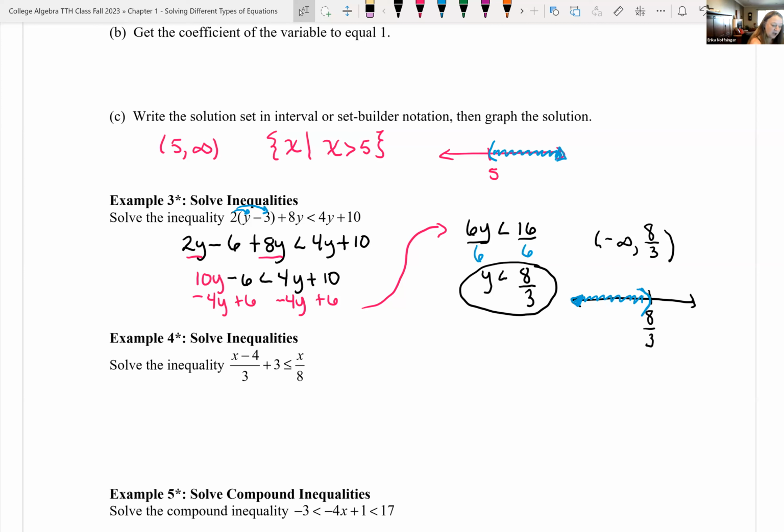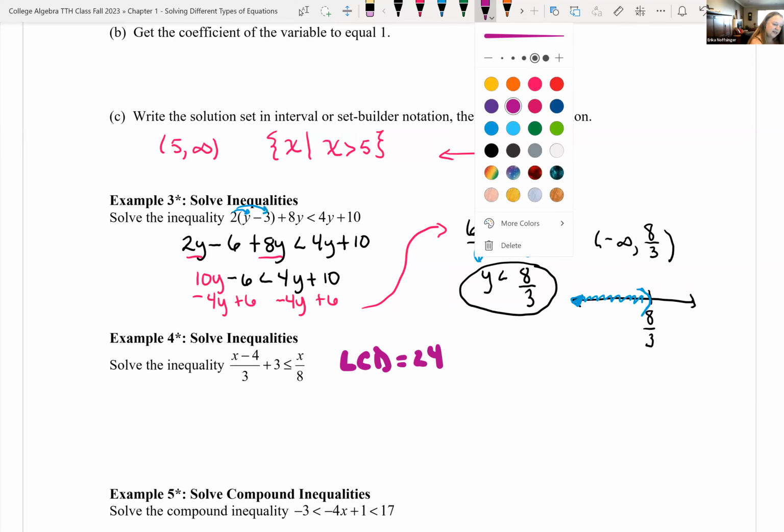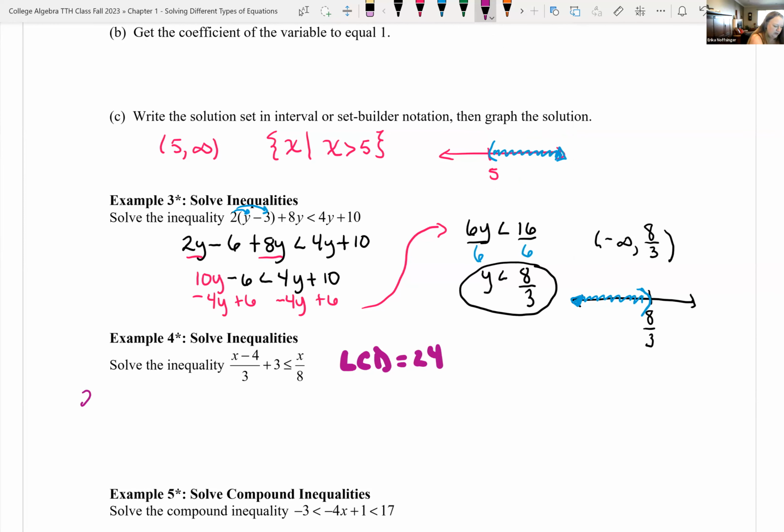So our least common denominator is 24. We want to multiply both sides of our inequality by 24. So I'm looking at 24 times x minus 4 all over 3.